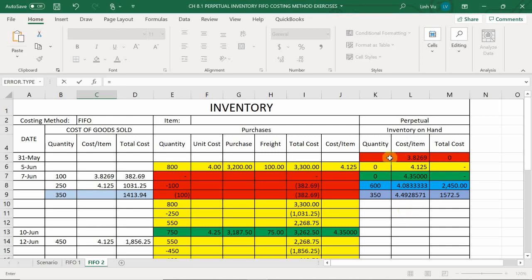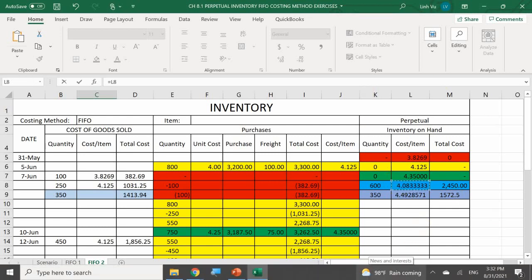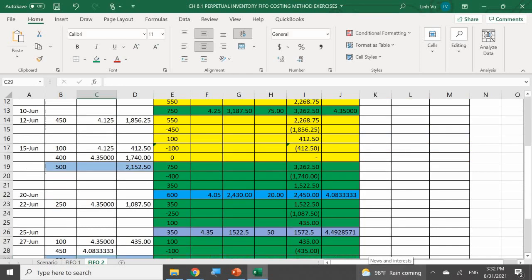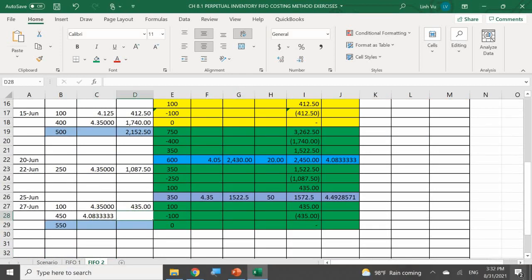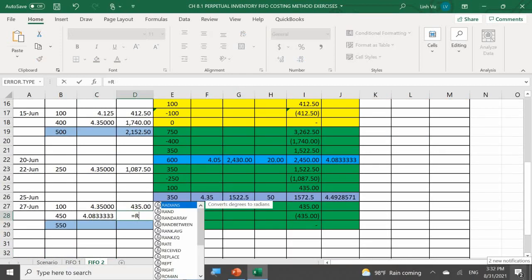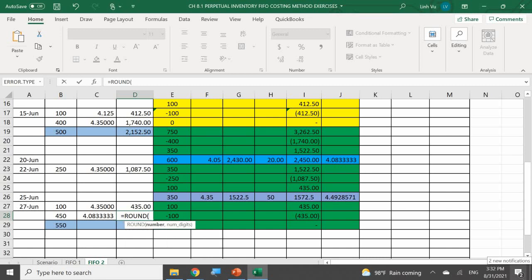Again, at what cost per item is my blue batch of inventory? The $4.08. Yeah, 4.08333333. Yes. Okay. And so then what is my total cost of goods sold for selling 450 items at 4.083333?